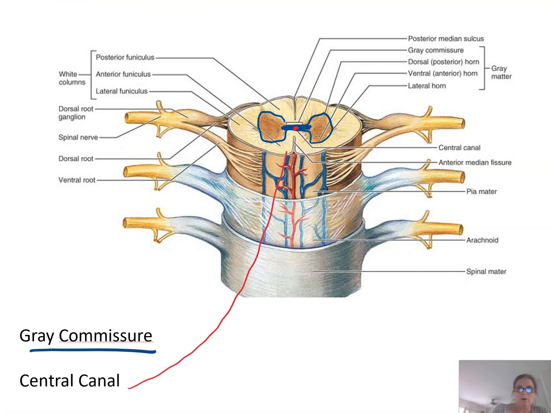And the little hole is called the central canal. And the central canal contains cerebrospinal fluid. And you might remember that it flows inside the spinal cord in the central canal. Remember, it's inside the brain in the ventricles. And it also is going to circulate around both the brain and the spinal cord in that subarachnoid space.